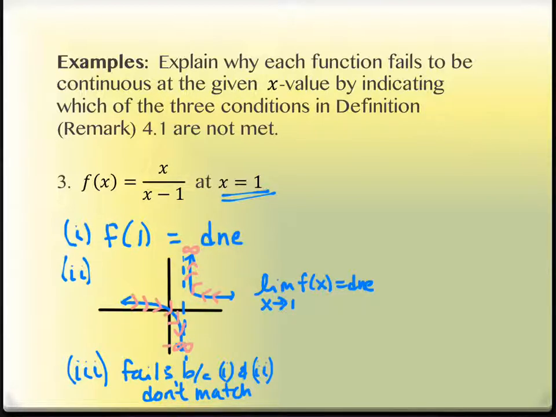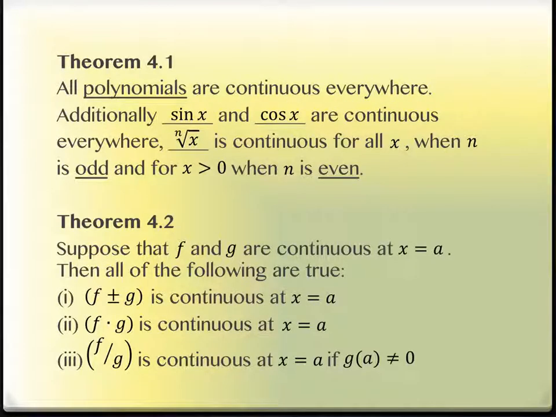All right, let's take a look at what happens when we have polynomials. We've talked a little bit about polynomials with limits before in the last section, so we're going to talk about polynomials with continuity now. So all polynomials are continuous everywhere. We said they had limits everywhere before, so they're continuous everywhere. Additionally, so are sine and cosine.